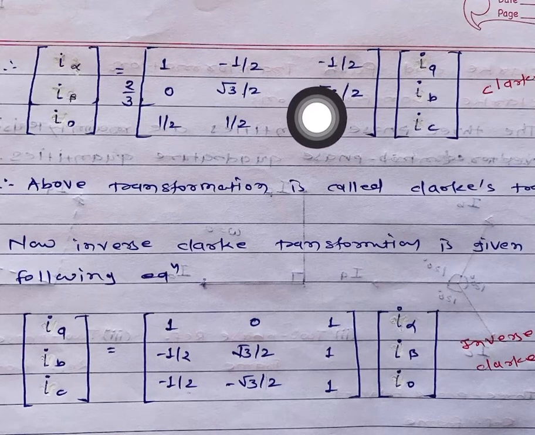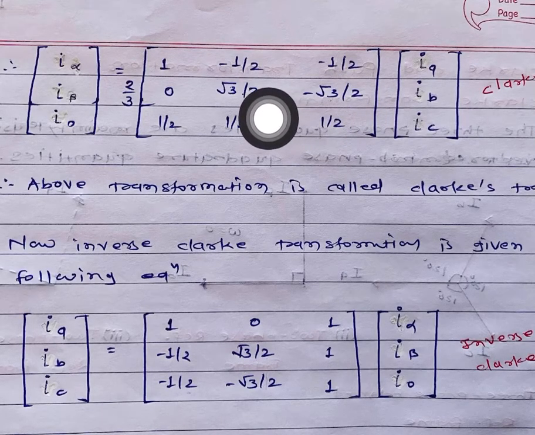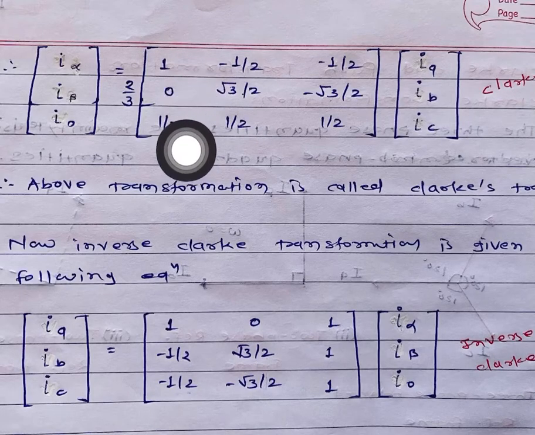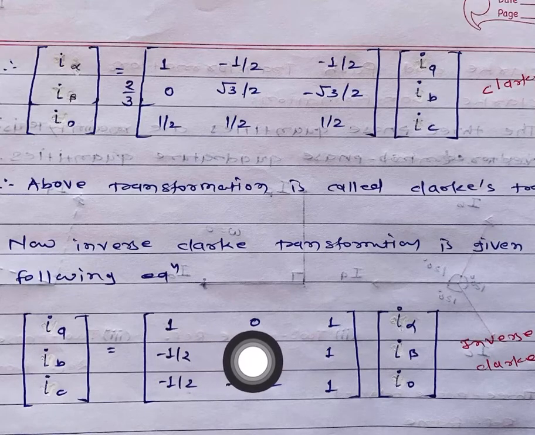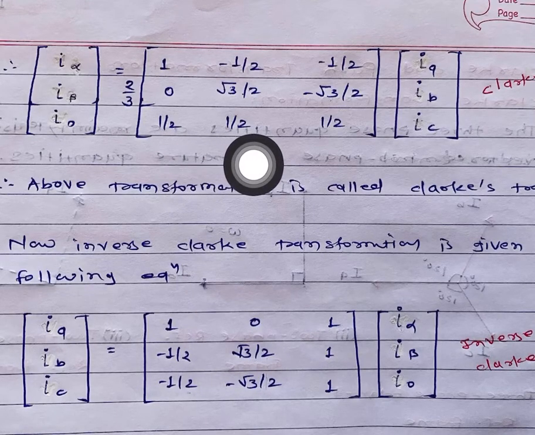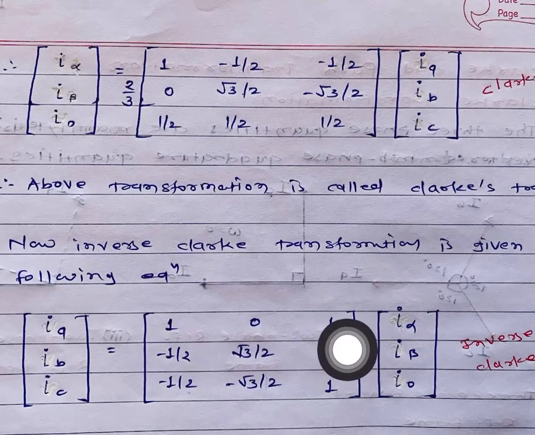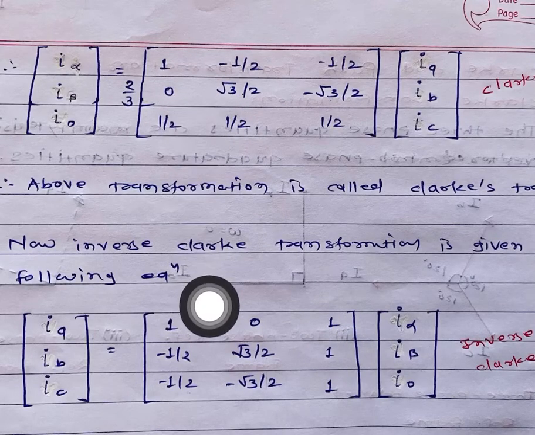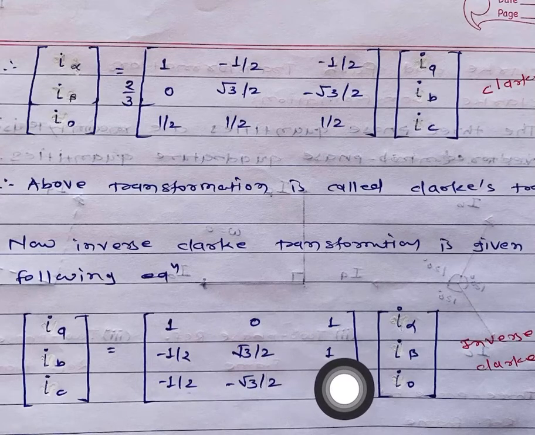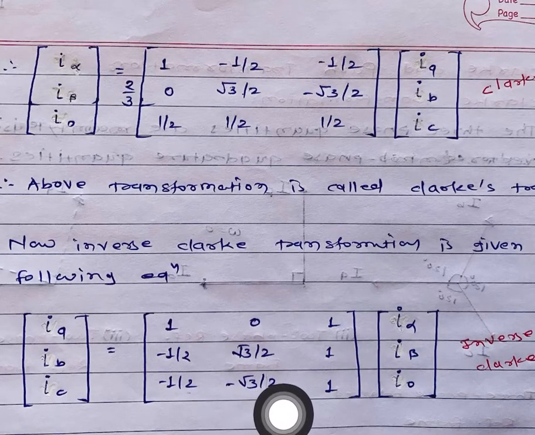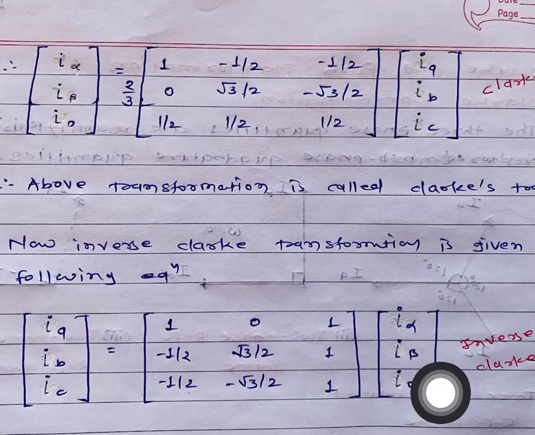Simply write this column vector as a row vector, like 1 0, and all the 1 half entries are replaced by 1. So simply 1 0 1; minus 1 half, root 3 by 2, 1; minus 1 half, minus root 3 by 2, 1. This is called the inverse Clark transformation.